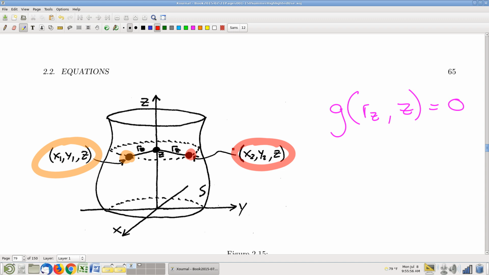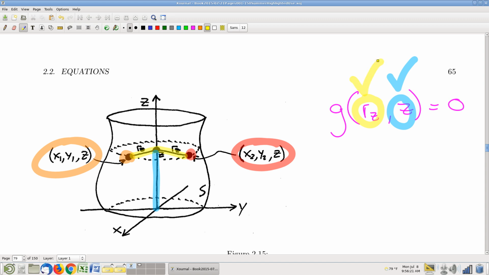But as drawn, this being a rotationally symmetric surface, these two points have the same distance to the z-axis. They have the same z, right? So same z, same distance to the z-axis.